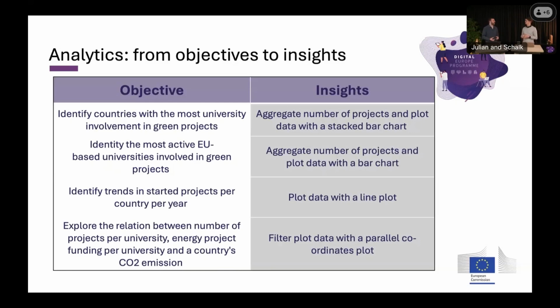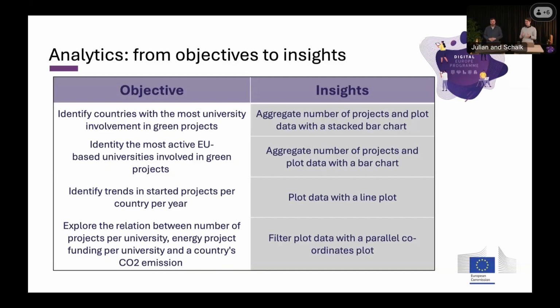And then having all of that in one single chart to identify whether there is a relation between the number of projects of a university and the CO2 emissions of the country where that university is coming from.